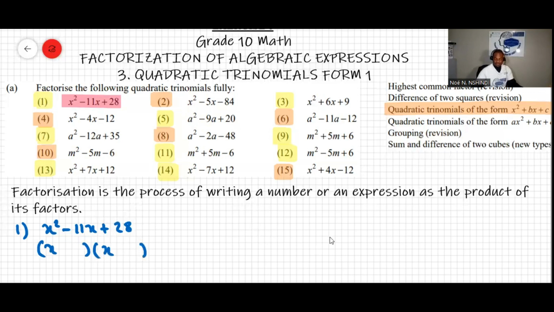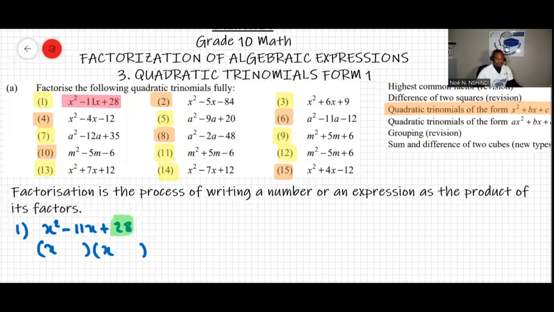Now we will consider the coefficient of the last term, 28. In this case it is positive 28, so I'm going to write here plus 28. Now I will list all the factors of 28 in ascending order preferably.